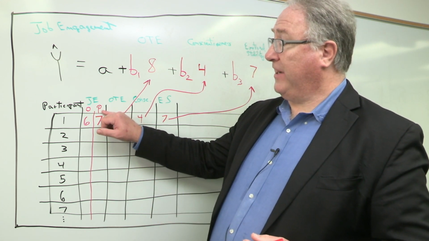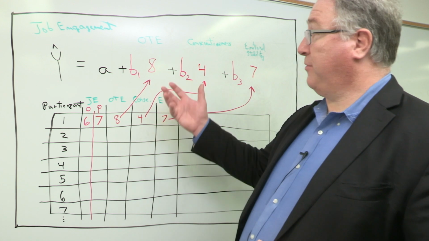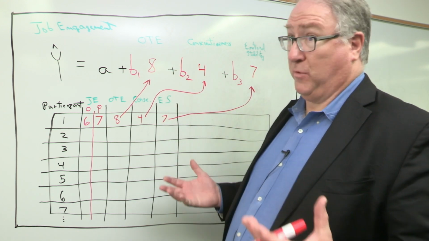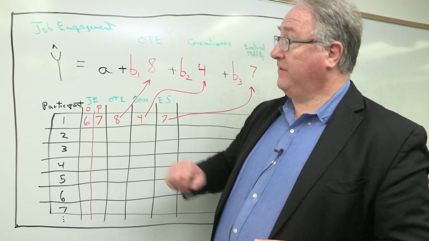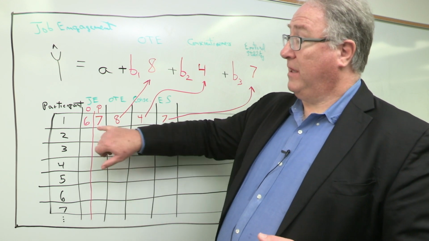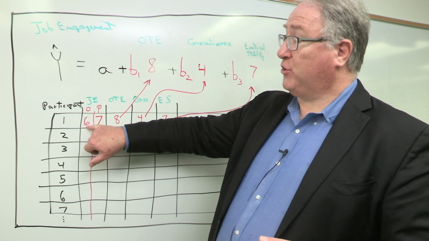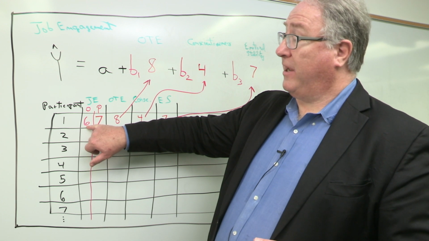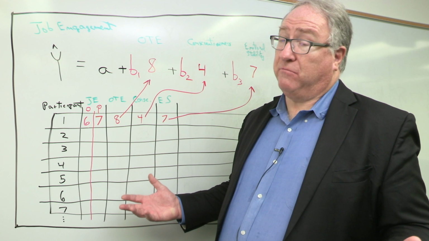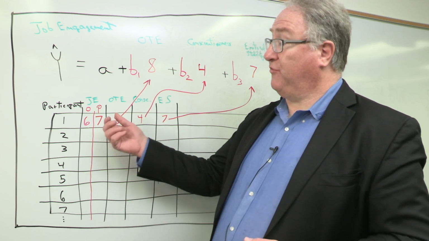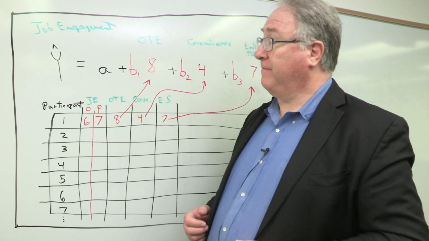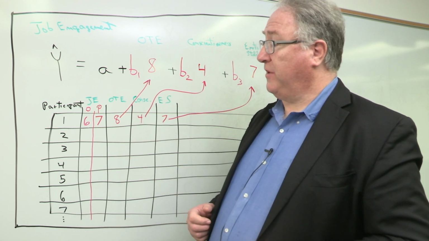The predicted value, based on the person's scores on the predictor variable measures, comes quite close to the actual observed score that participant 1 got on the outcome variable measure. So that's a good prediction.